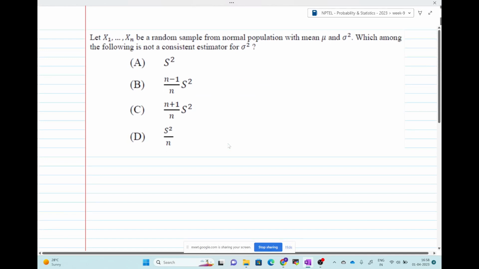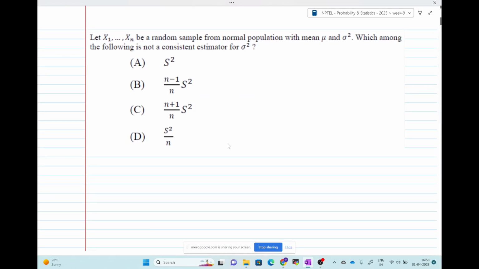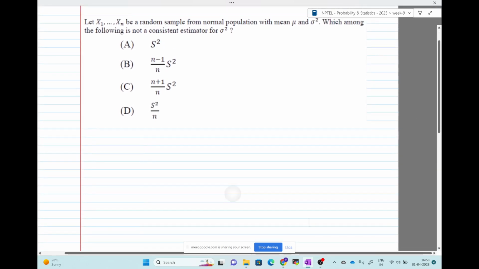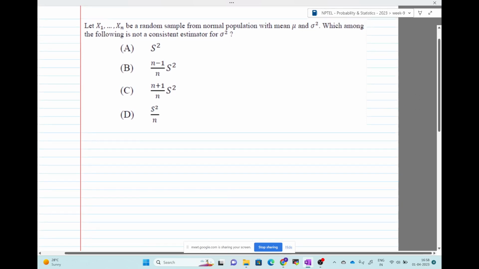So it is asked: we have been given n random samples from a normal population with mean mu and variance sigma square. Which among the following is not a consistent estimator for sigma square? Can someone help me recall what we mean by a consistent estimator?